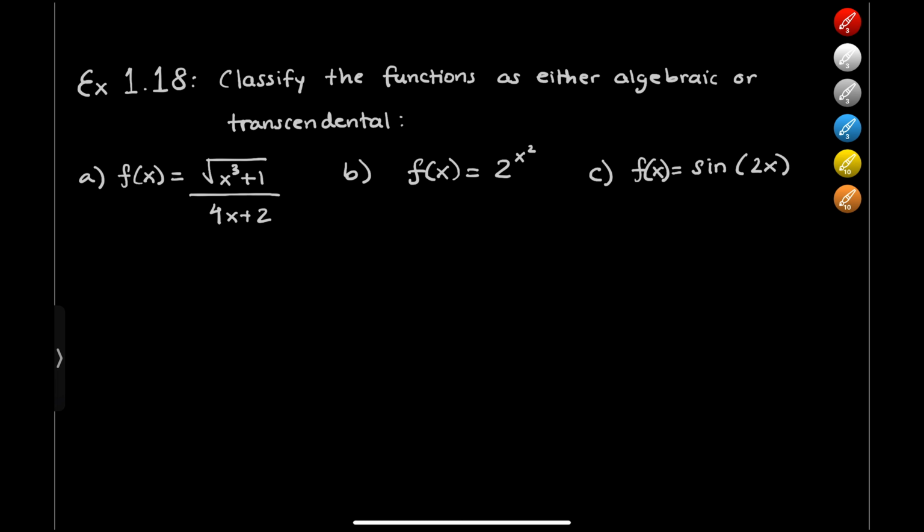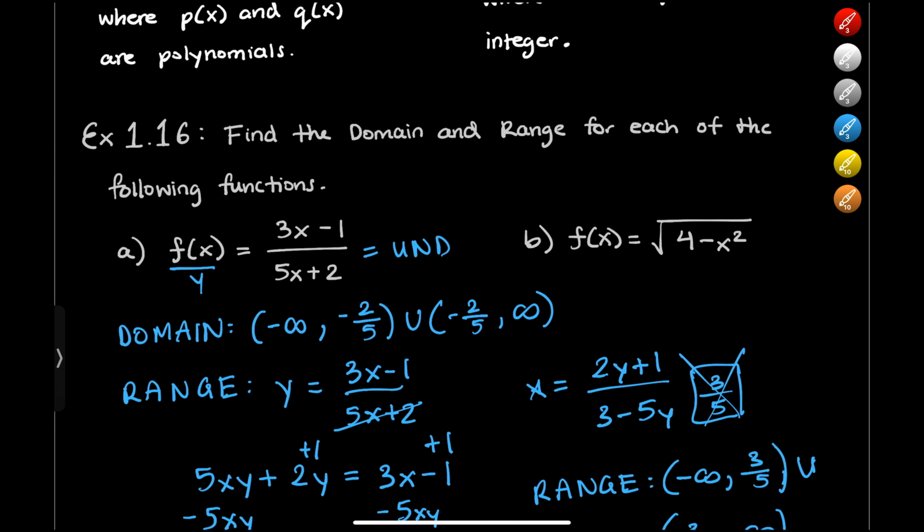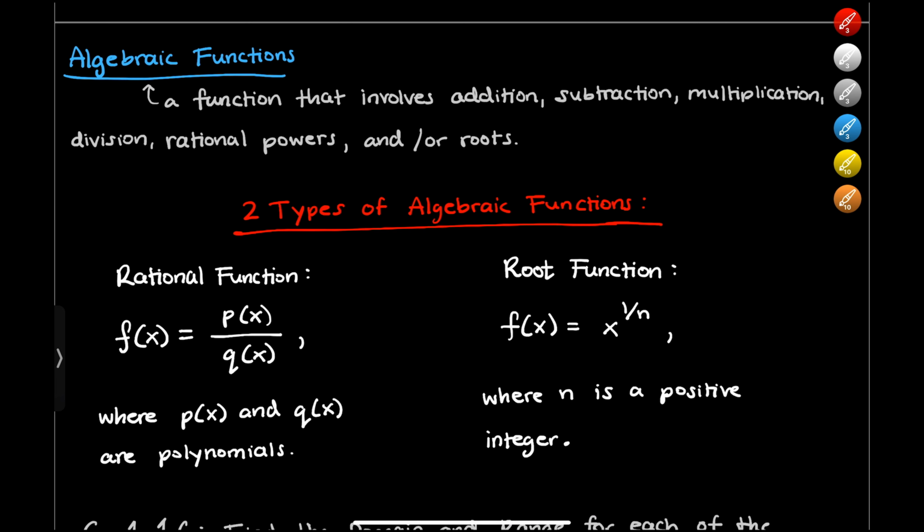Looking at A, this seems to be an algebraic function because it has a root, and earlier we discussed that that was part of an algebraic function. This is a regular linear function. And this takes the shape of a rational function.